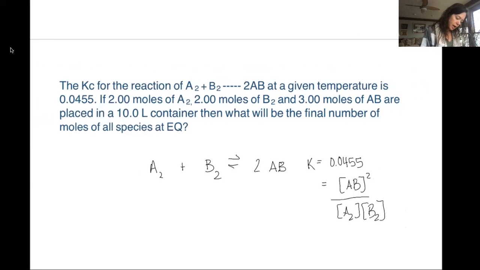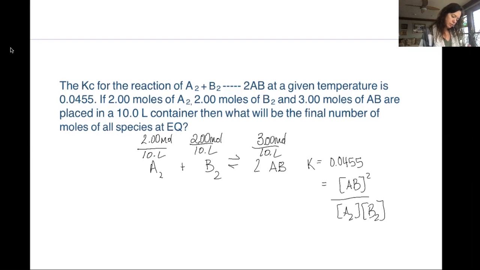I see that I've got 2 moles of this, 2 moles of this, and 3 moles of this, and they are all in a 10.0 liter container. So the concentration is 0.200 molar, 0.200 molar, and 0.300 molar.